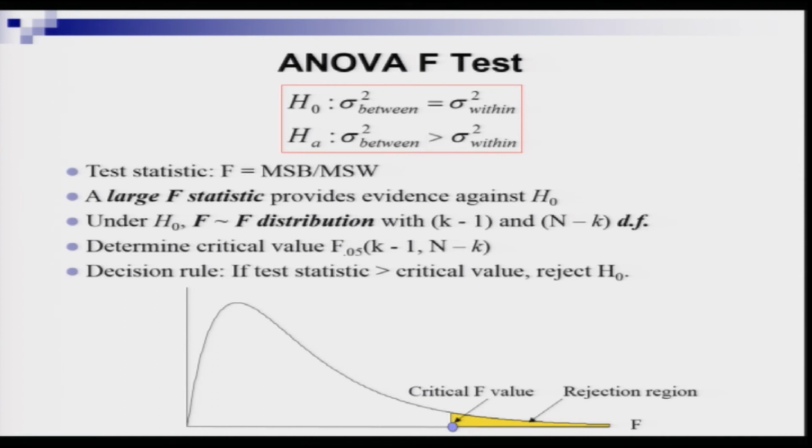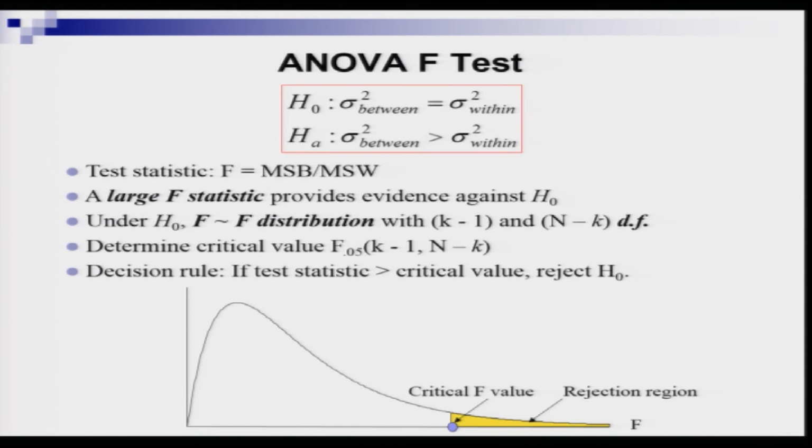You see that the circle partitions the area under the F probability distribution curve in two parts. One part is the acceptance region and the other part is the critical region. The area at the right hand side of the curve is the rejection region, and that is marked with yellow color.